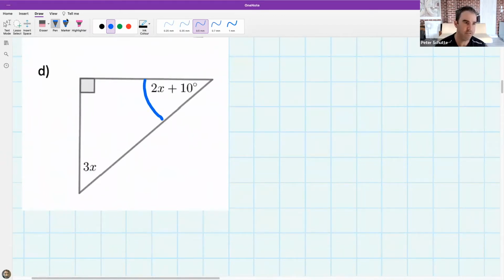It's a slight difference, but I want to see, can you find the value of x in this triangle? When you find that value of x, it'll help you figure out what the angles are. Over to you guys. I think you can still use the same idea, that all the angles of a triangle add up to 180.